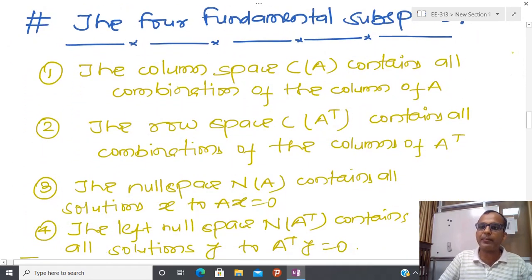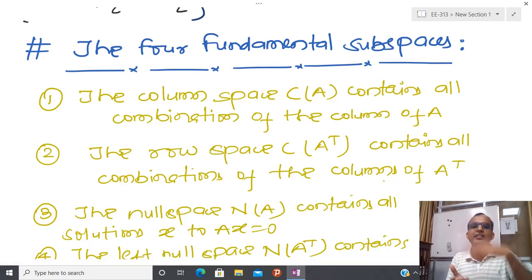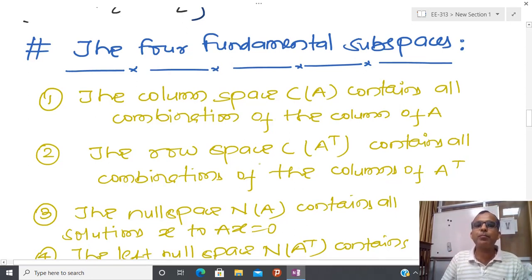And why I have actually brought this concept here is because in this way you are able to connect linear algebra and system theory also. So basically, whenever I have some matrix A, there always exist four different kinds of spaces.